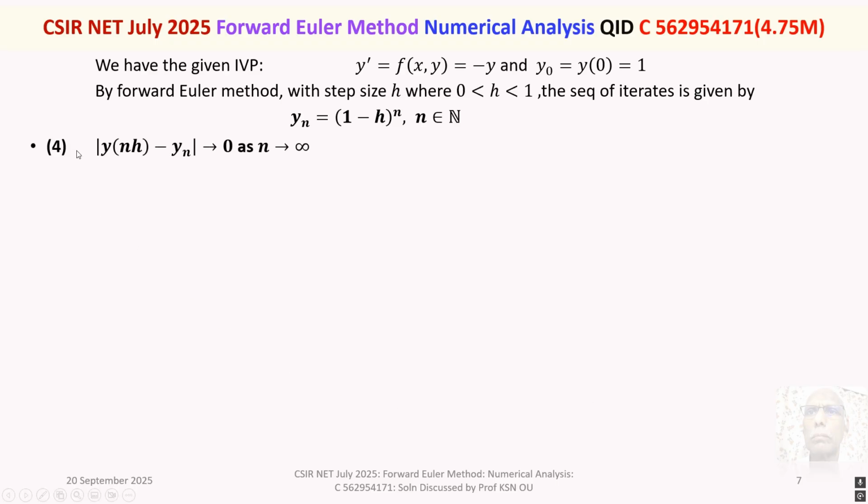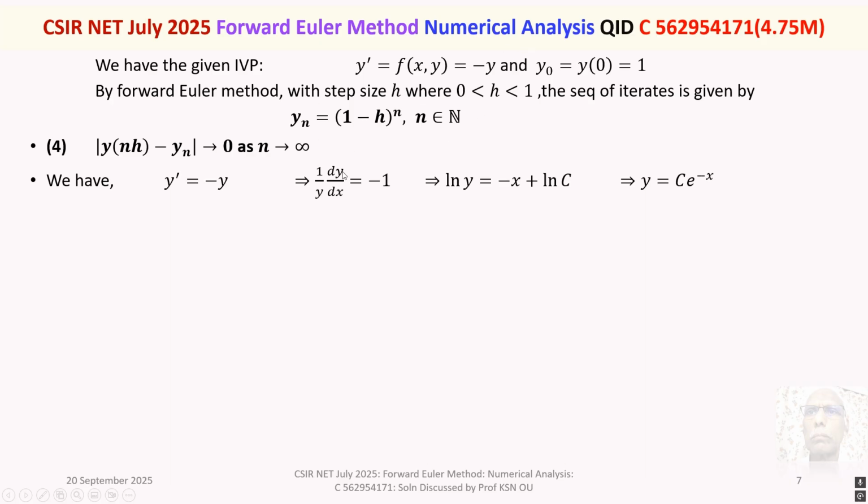Fourth option. Modulus of y of nh minus yn tends to 0 as n tends to infinity. What is this y? Y is the solution of this differential equation. That is, you solve it and get a solution, that is y. So take the differential equation: y prime is equal to minus y, right?